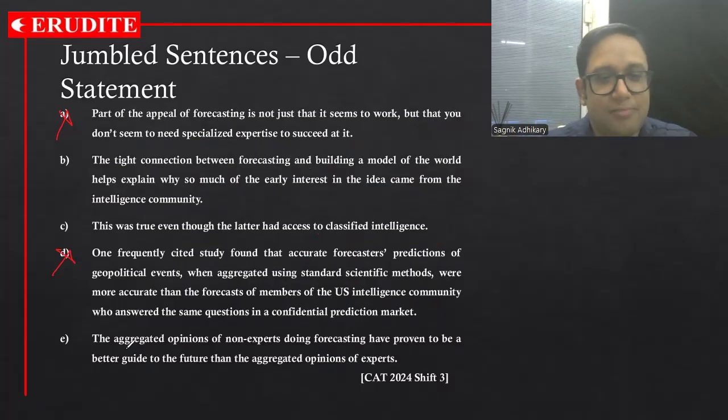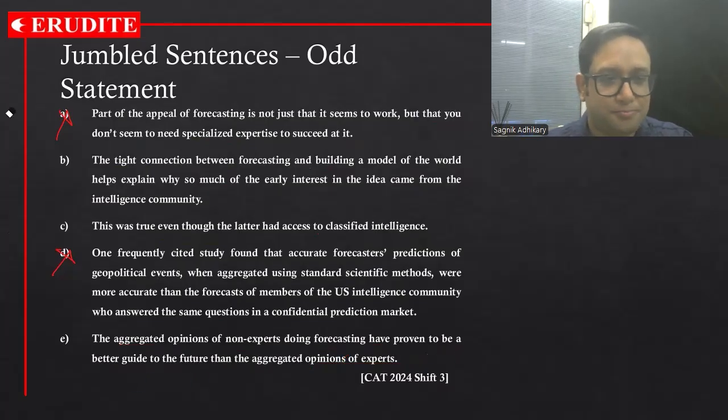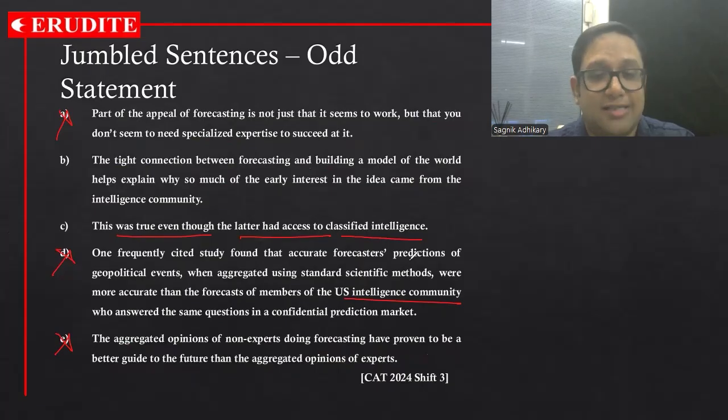Let's confirm on that. E says, "The aggregated opinion of non-experts during forecasts has proven to be a better guide to the future than the aggregated opinion of experts." Again, drumming the same idea, experts not being as good at forecasts as non-experts. So this is also directly connected with the idea given in A and D. Also, we see here that experts potentially refers to the US intelligence community, which then correlates with C. "This was true even though the latter had access to classified intelligence."